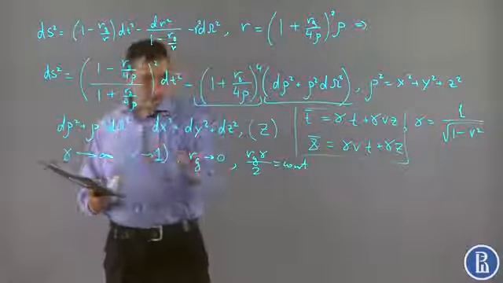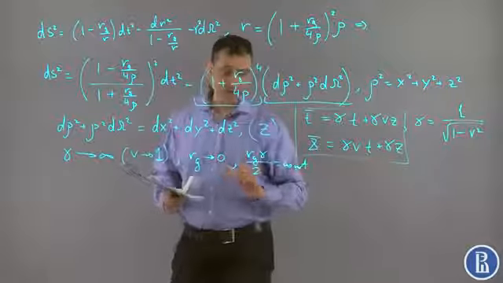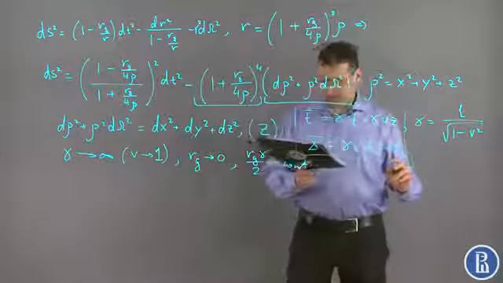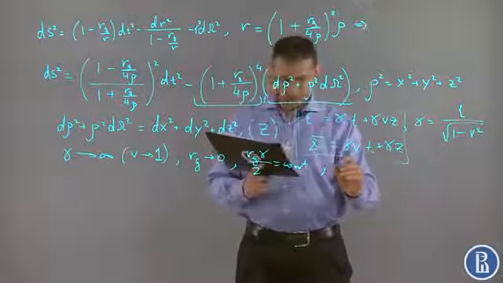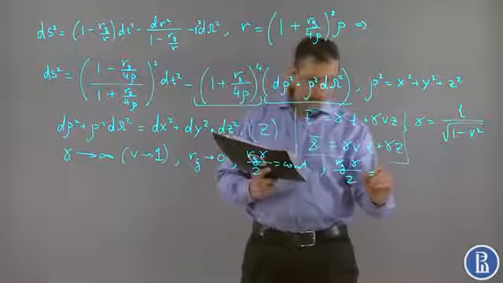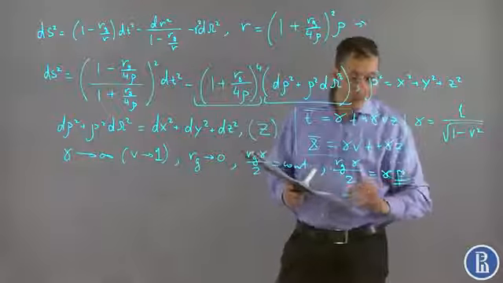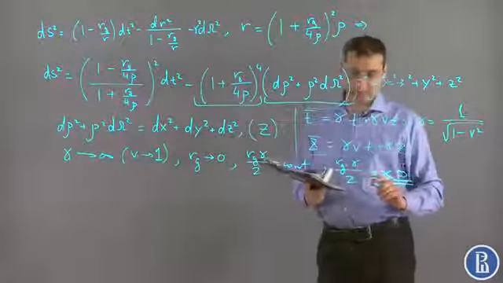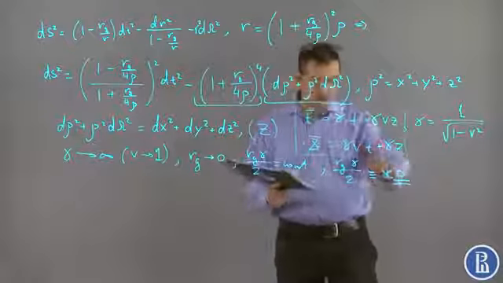So we take gamma to infinity, r_g to 0, but we keep this quantity fixed. This quantity, r_g times gamma over 2, we call kappa times p, where p is the modulus of the momentum in this limit.